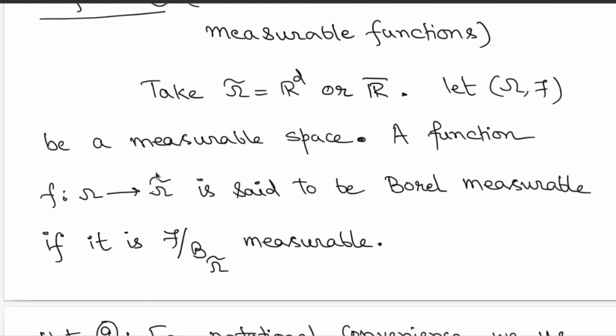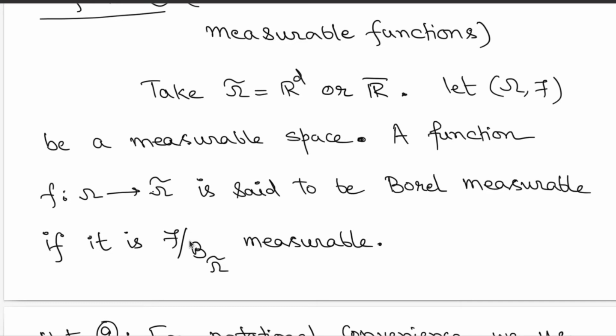So then you are looking at functions with domain omega and range omega tilde. Omega tilde has two possible choices, one is R^d or R bar. Now you are going to call such an arbitrary function from omega to omega tilde Borel measurable if it is measurable with respect to these sigma fields. On the domain side you are given the sigma field script F, and on the range side you have the Borel sigma field. If omega tilde is R^d, you put the Borel sigma field of R^d on the range side.